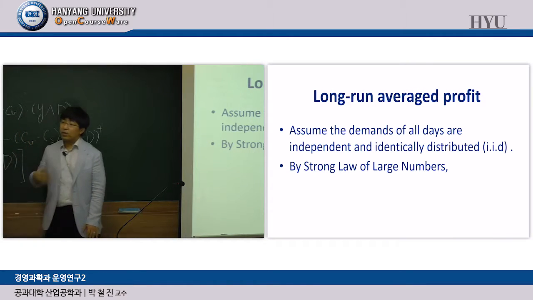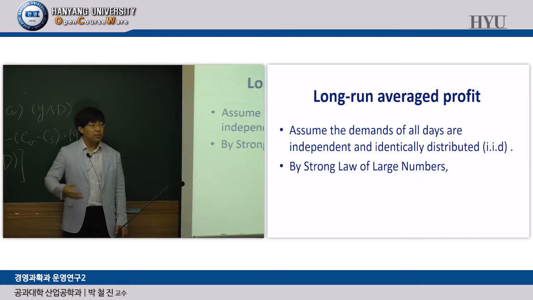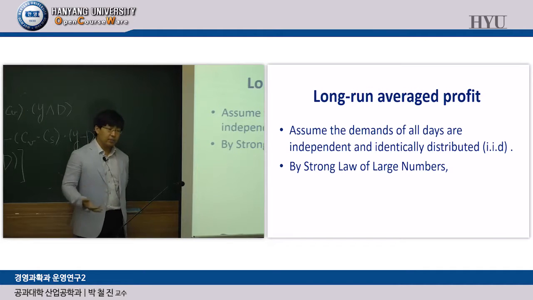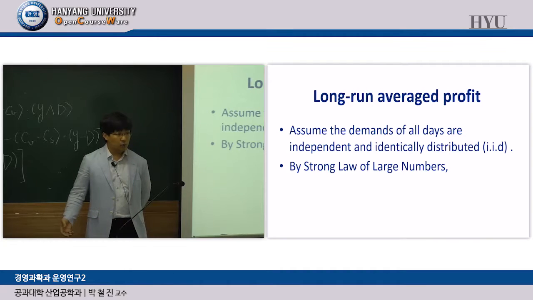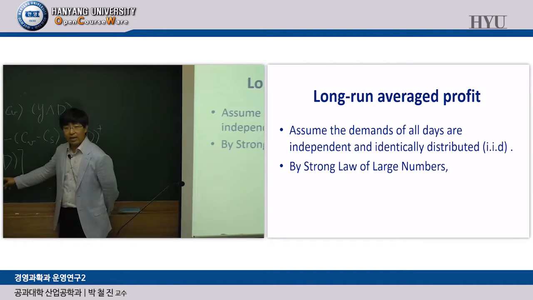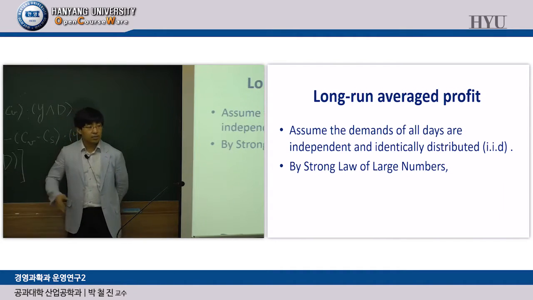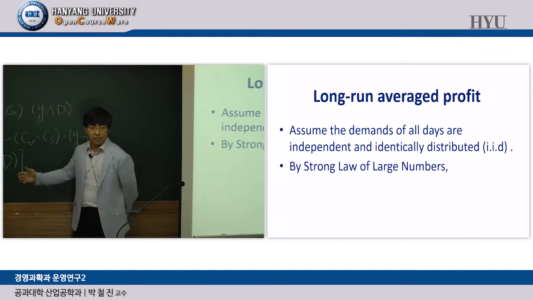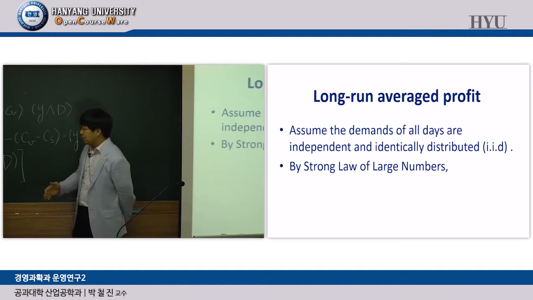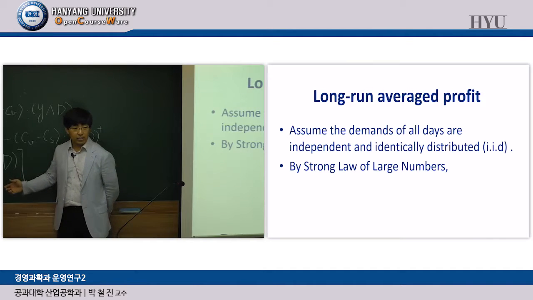We can operate the system. We can operate the business and manage the business continuously with a number y, and D does not change as time goes on. We exactly know the distribution of D. Then what is the expected profit?